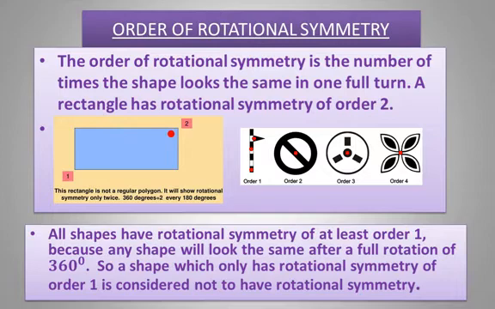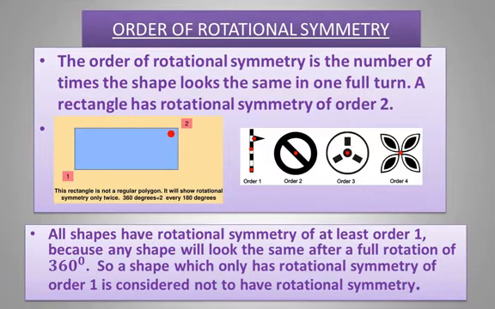In the other shapes you can see some pictures, and some are road signals. The first one has only order 1, which means every shape has at least order 1 rotational symmetry. The second one, a road signal, has order 2 rotational symmetry, the third one has rotational symmetry of order 3, and the fourth picture has rotational symmetry of order 4.